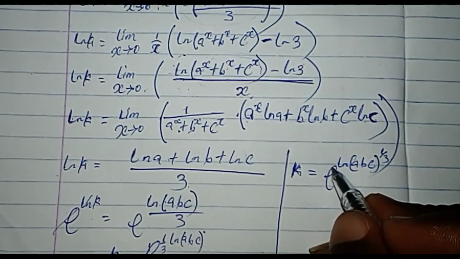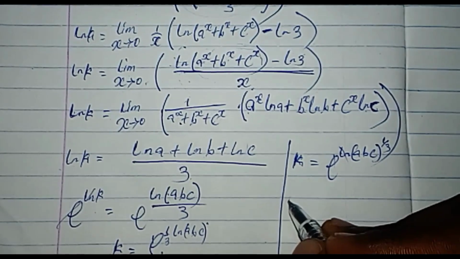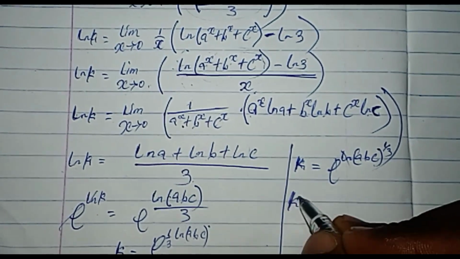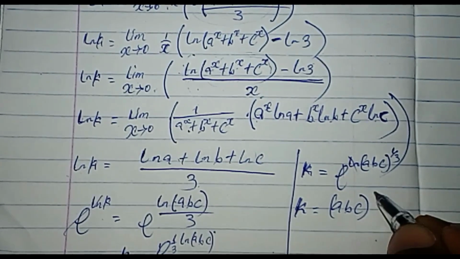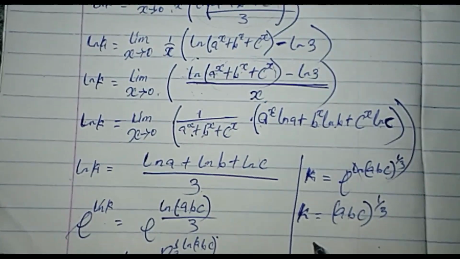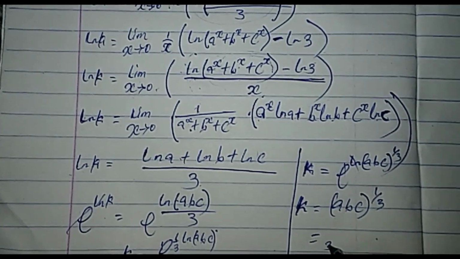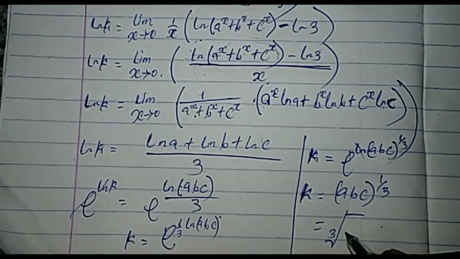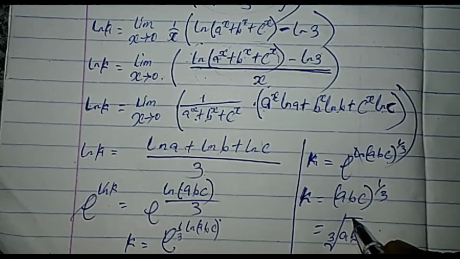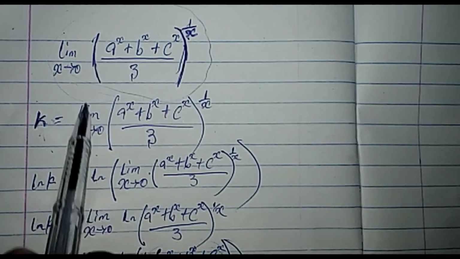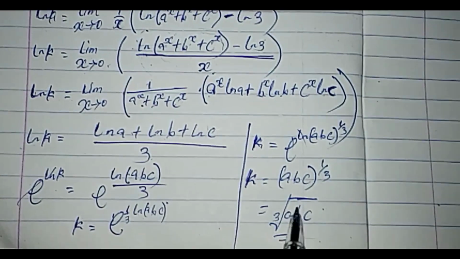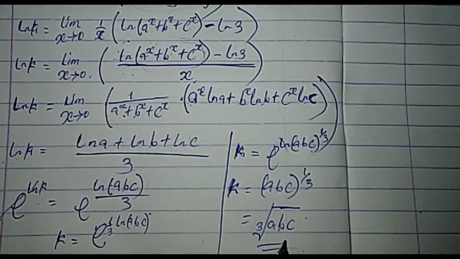So this as well cancels out the ln, and we are left with k equals abc to the power of 1 over 3, which I can rewrite as the cube root of abc. So this is our final answer to the question. When the limit as x approaches 0 of this, we got the cube root of abc as the answer.